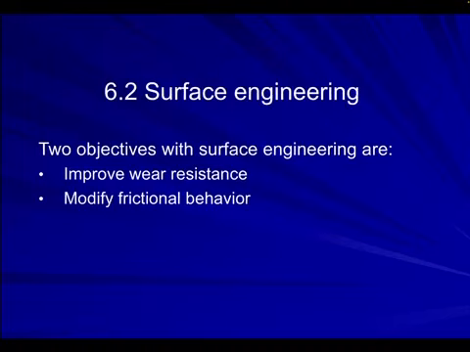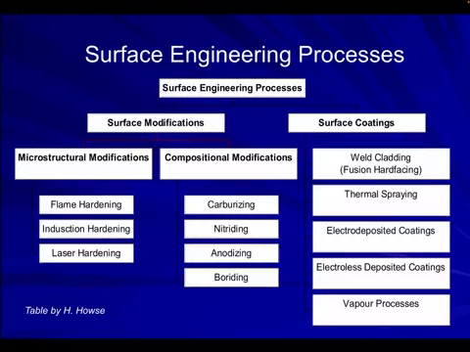And that's where surface engineering comes in. So first of all, you want to improve wear resistance, and you also want to modify frictional behavior. So surface engineering processes: you do first of all surface modifications or add surface coatings.